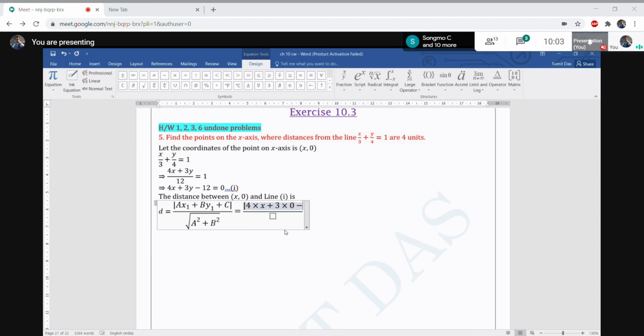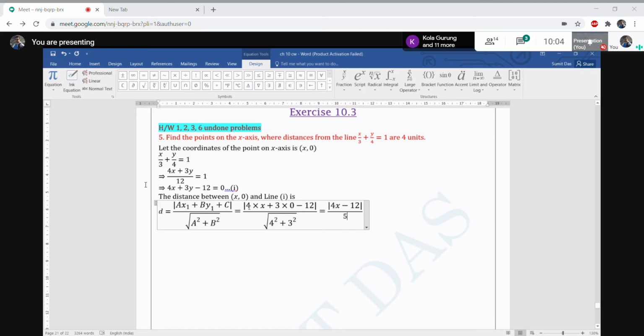So I'm directly writing minus 12 divided by square root of a square plus b square, which is 4 square plus 3 square. In the numerator it will be 4x minus 12, divided by 4 square plus 3 square, 25, 5.